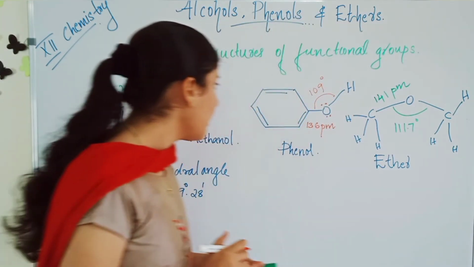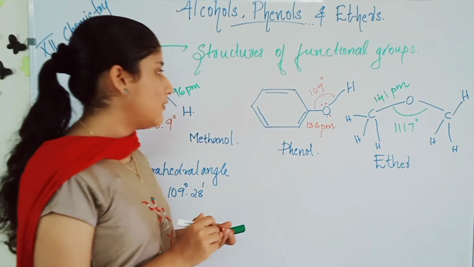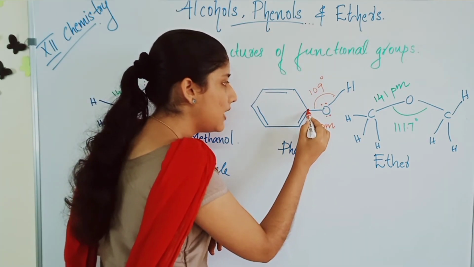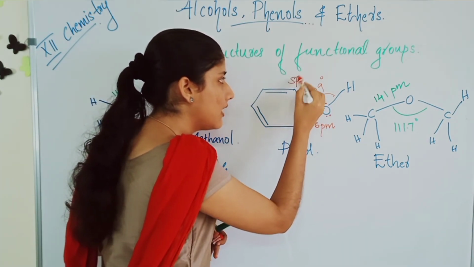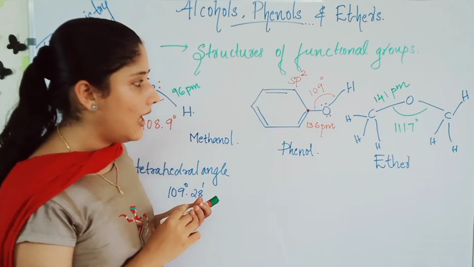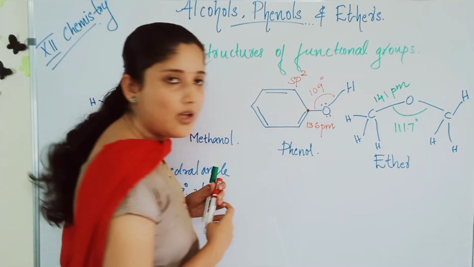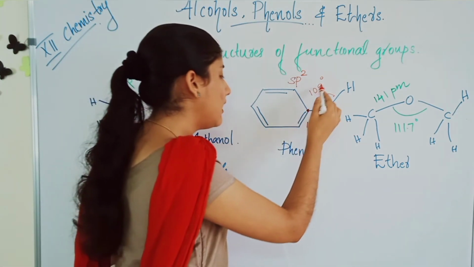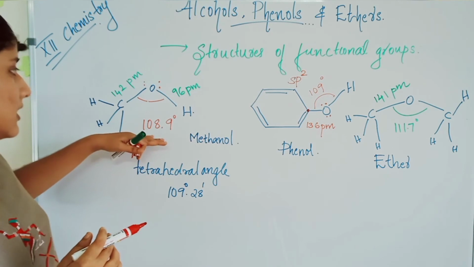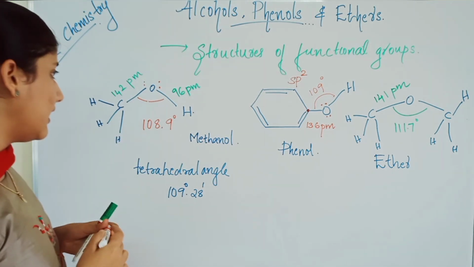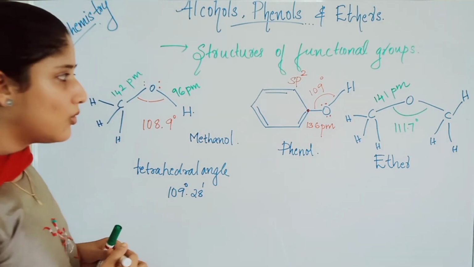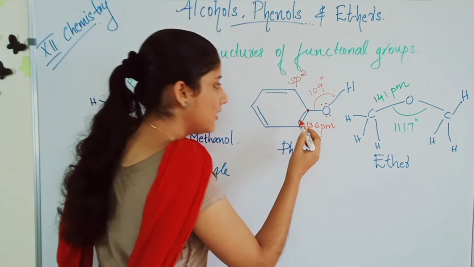Now let us look at the case of phenol. Here the oxygen is connected to an sp2 hybridized carbon, and the COH bond angle is 109 degree, while in alcohol it was 108.9 degree. Why is it so?